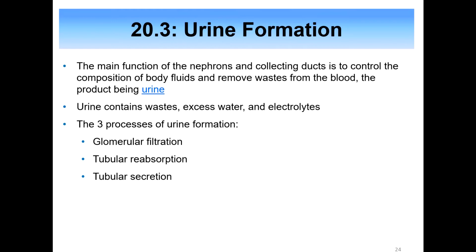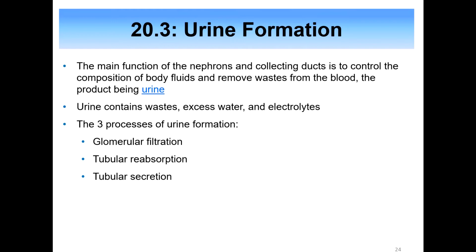So the three processes of urine formation are glomerular filtration, which we've talked about a little bit already, tubular reabsorption, and tubular secretion. Okay. Glomerular filtration is where we first filter the blood, and we produce that filtrate in the capsule. Tubular reabsorption is where this filtrate passes through the tubules, and then we are going to reabsorb into the interstitial space of the kidney some of the substances that made it through that we maybe don't want to get rid of.